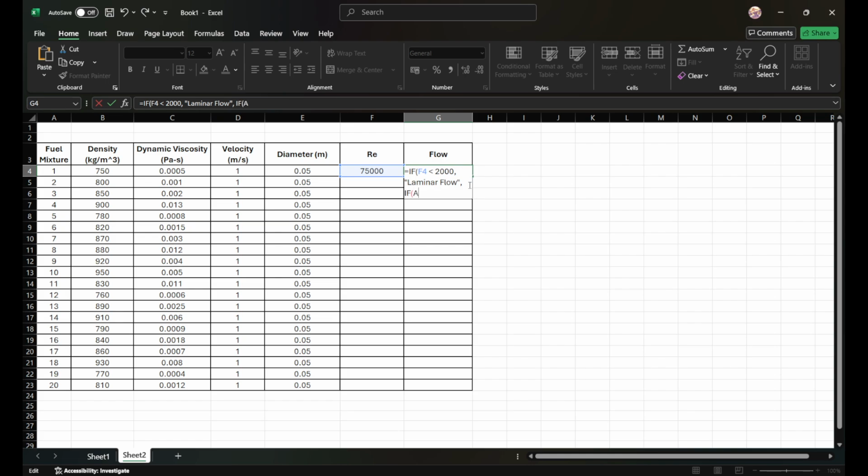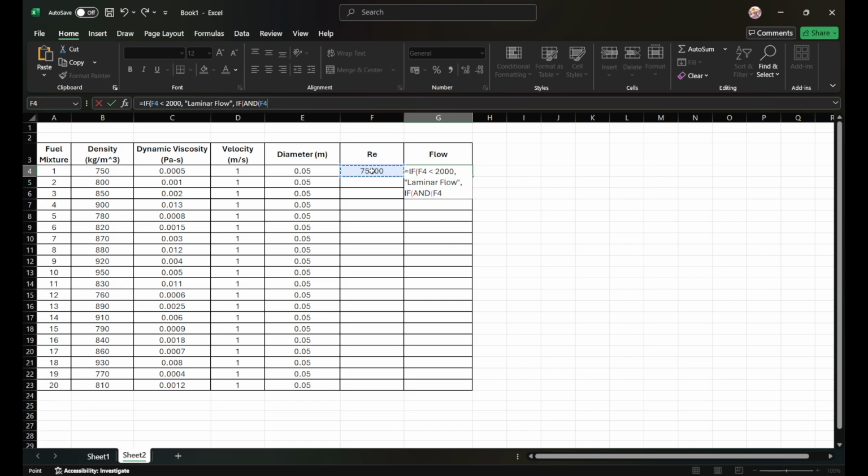Since we have two values that we are going to compare, if the value of the Reynolds number is between 2000 and 4000, then that would mean that it is a transitional flow. Let's just edit it here to make it easier. It's this cell right here, that's F4.